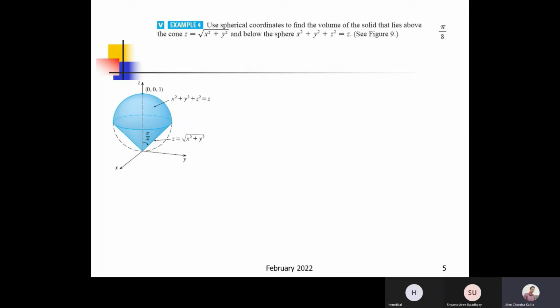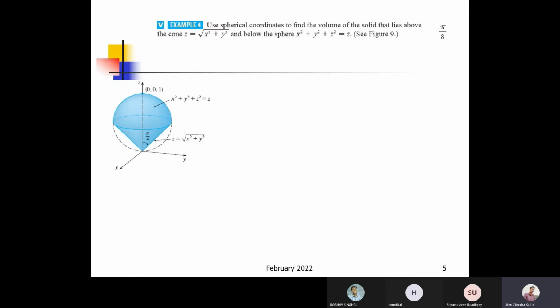Now I'm going to show you some figures here, but let me tell you how to work out the limit. Here you have to simply find the volume of the solid that lies above the cone given by z equal to square root x square plus y square. You can already see the figure for that.